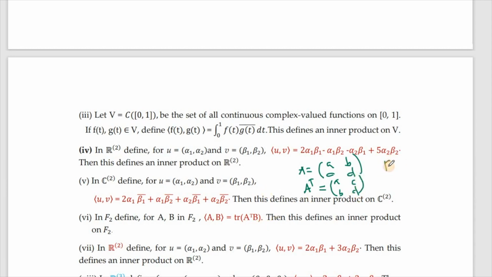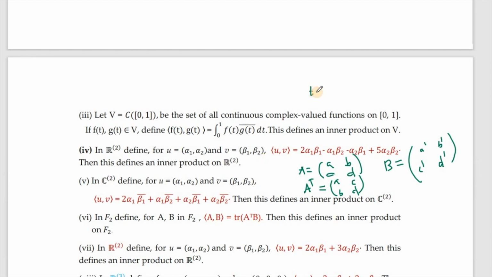B is another matrix, say with entries a prime, b prime, c prime, d prime. You have another 2 cross 2 matrix. How do we compute A transpose B? That is known to us. Having computed A transpose B, we now have another term called trace.